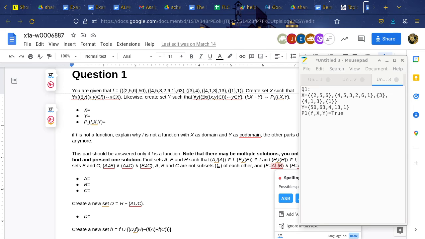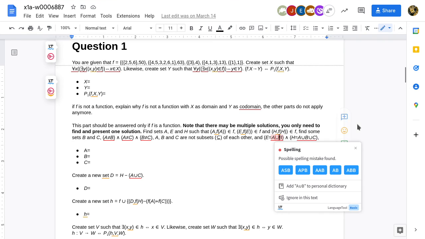Okay, there we go. All right, so getting back to this, U is union. So what we are looking for is, I want to choose A, B, and C somehow so that E is A union B, H is the union of A, B, and C, as three sets.